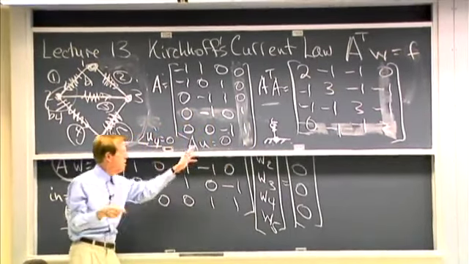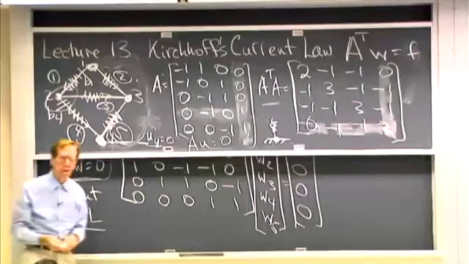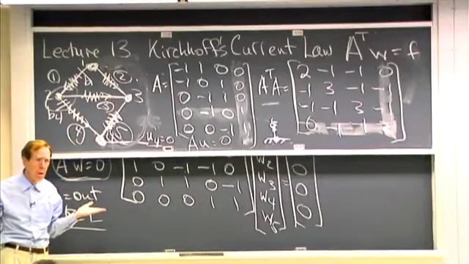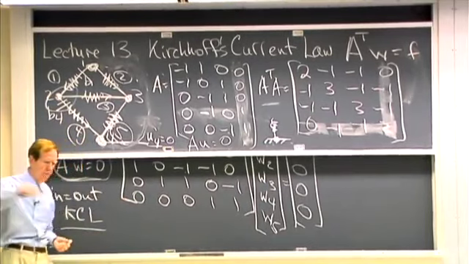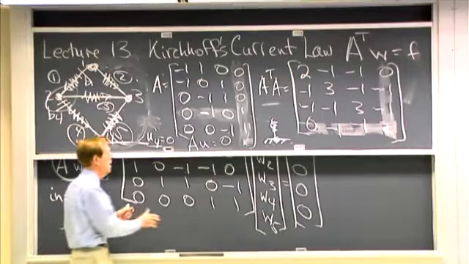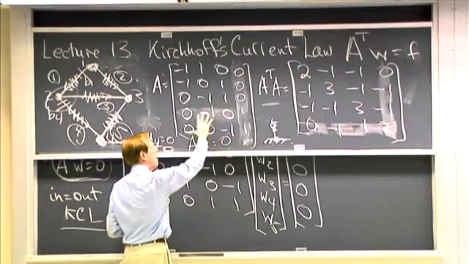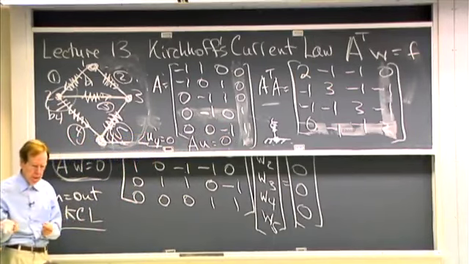Just remind me what the solutions U were for Au equals 0. 1, 1, 1, 1, or any multiple of it. A whole line of vectors, C, C, C, C, any constant C. So there were 4 columns, but only 3 were independent.